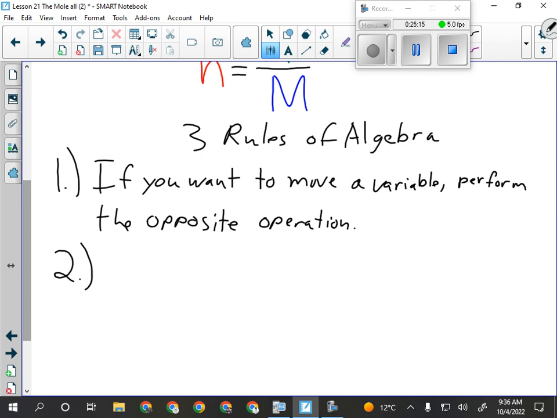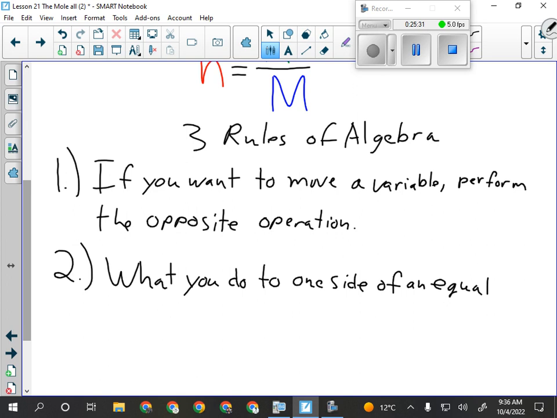The second rule of algebra is the golden rule of algebra. What you do to one side, you must do to the other.